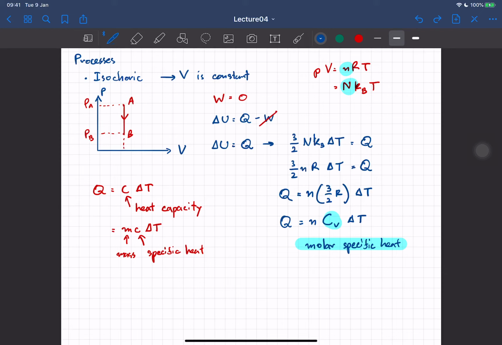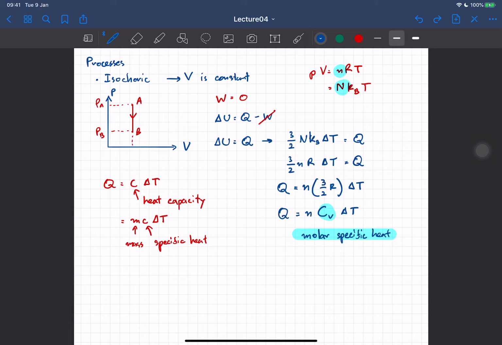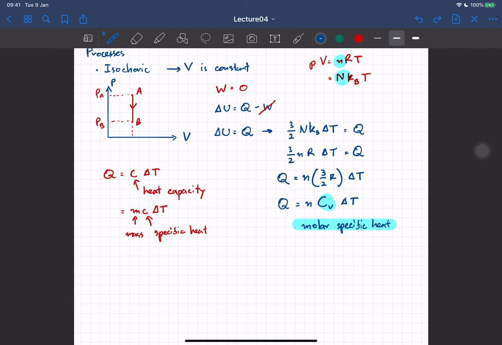So if everything is confusing to you, you can also just ignore this C_V thing and just remember, or take a look at this formula instead, which is equivalent to what we have down there. Okay. So this is probably the easiest process that we can think of, because it's very simple.